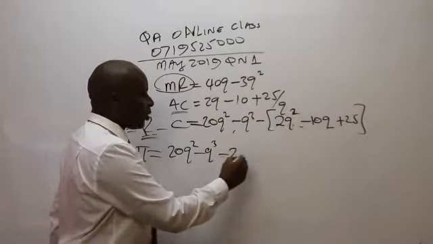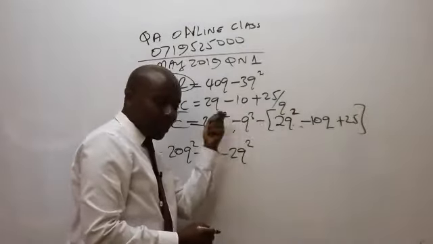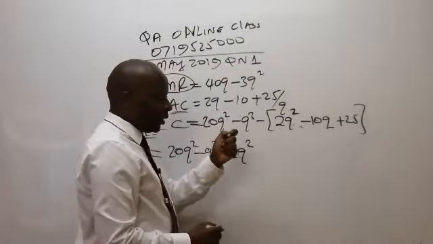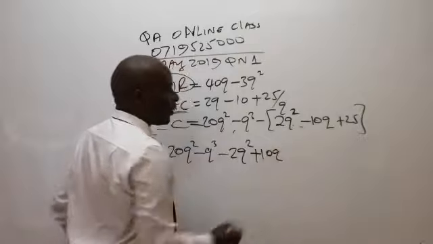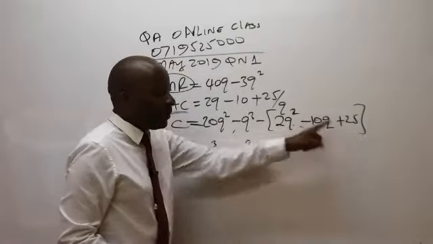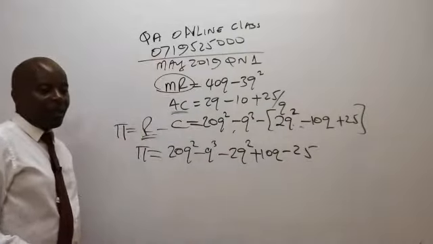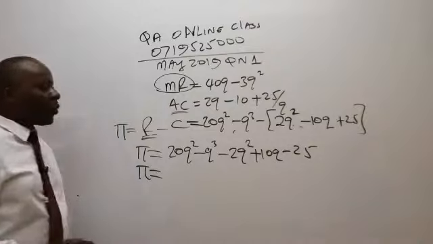So minus 2Q squared, because whenever you have a minus outside, a minus is very powerful. So minus 2Q squared plus 10Q. All the terms inside here must have their signs changing. Minus 25.